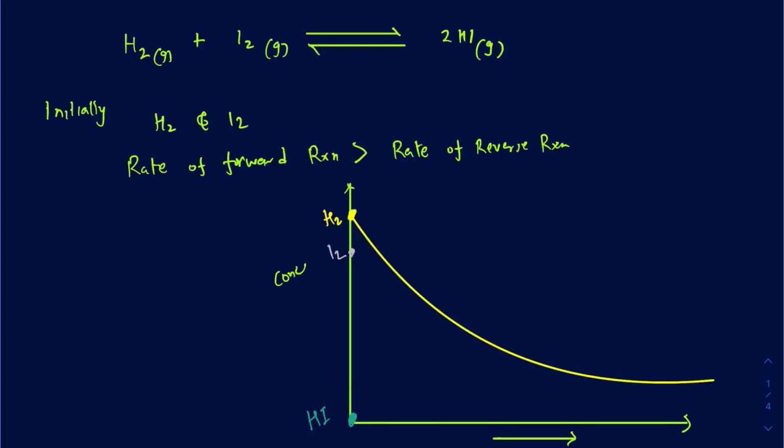So let me draw the curve here. And then for the HI, obviously your concentration is going to increase, and at a given time it's going to level out. So this is how it's going to look.